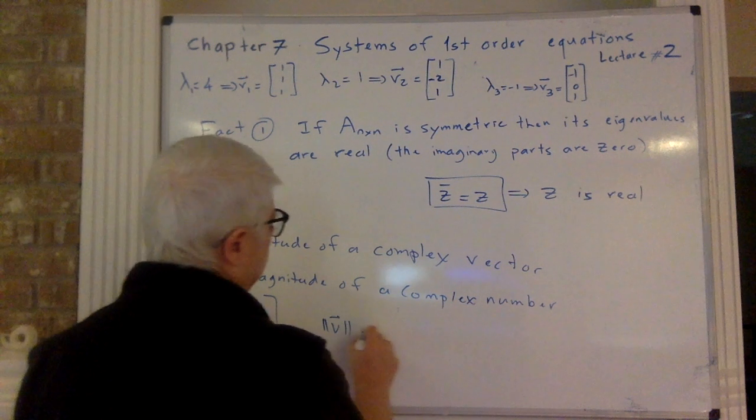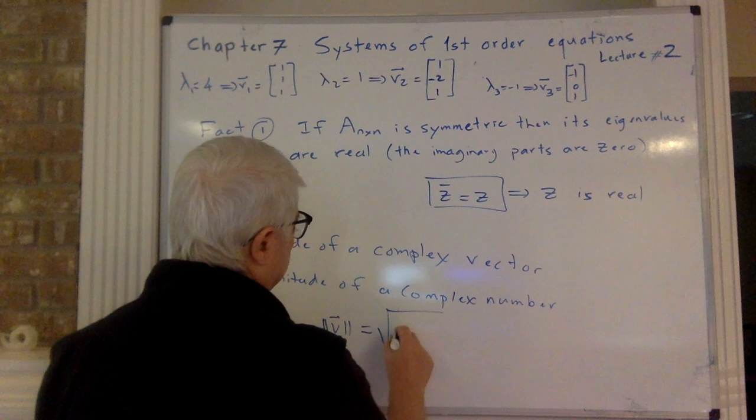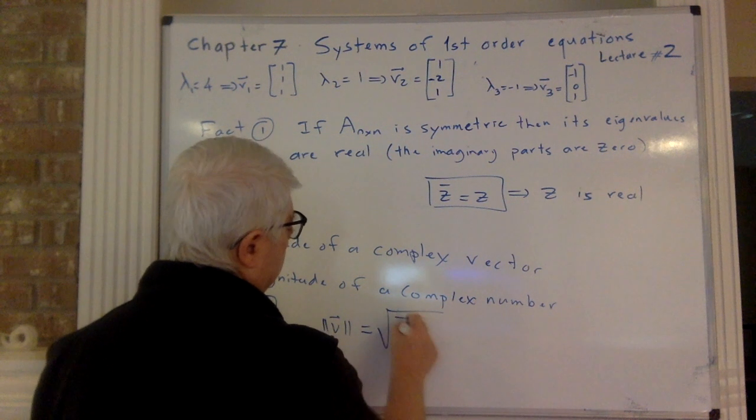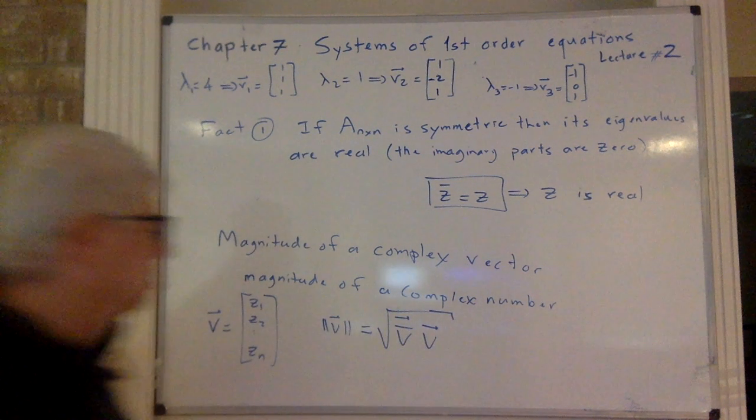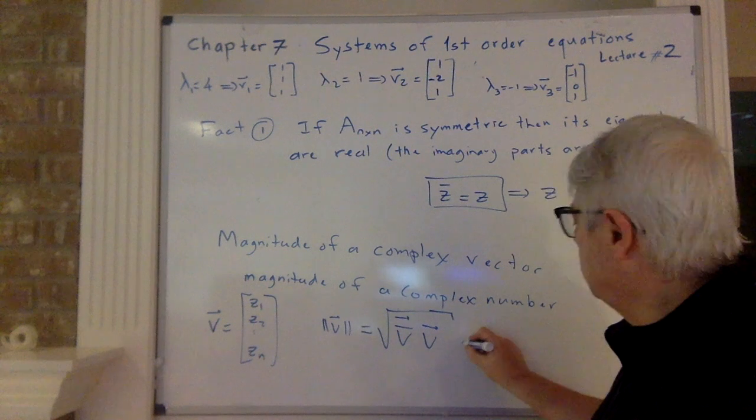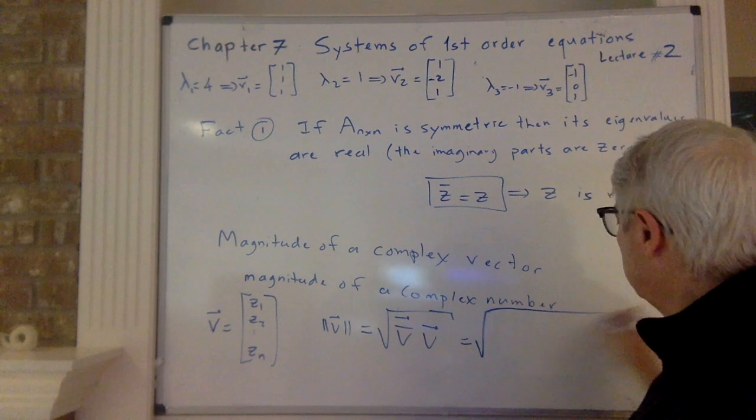So this is in fact the square root of V bar times V.